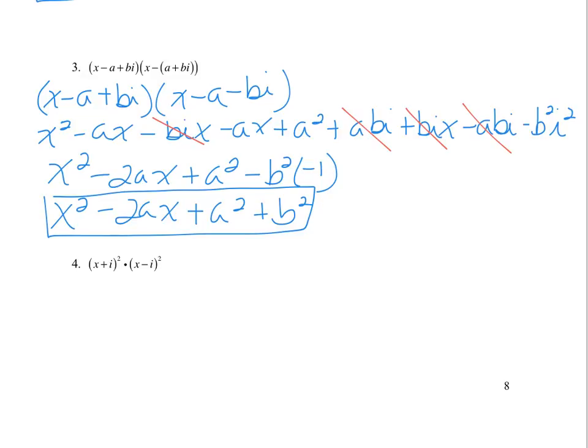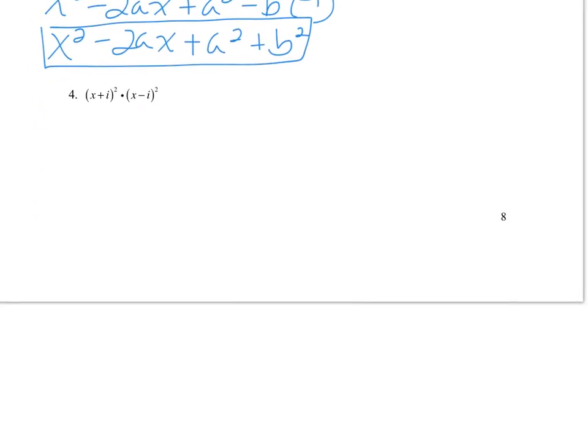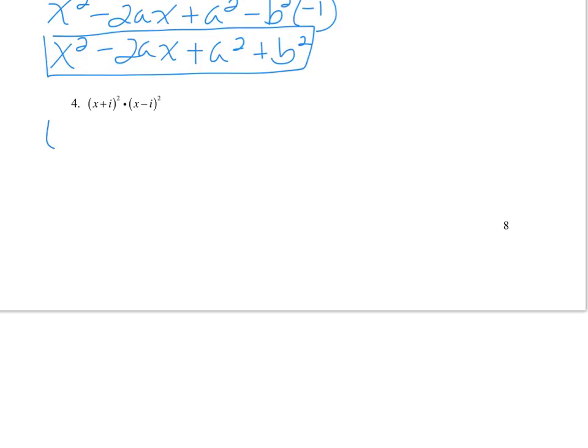Number 4 says, (x plus i) squared times (x minus i) squared. Well, before I can multiply, I definitely have to square the left and the right side. So I'm going to write it as, let me move this up a little bit, x plus i times x plus i times x minus i times x minus i.